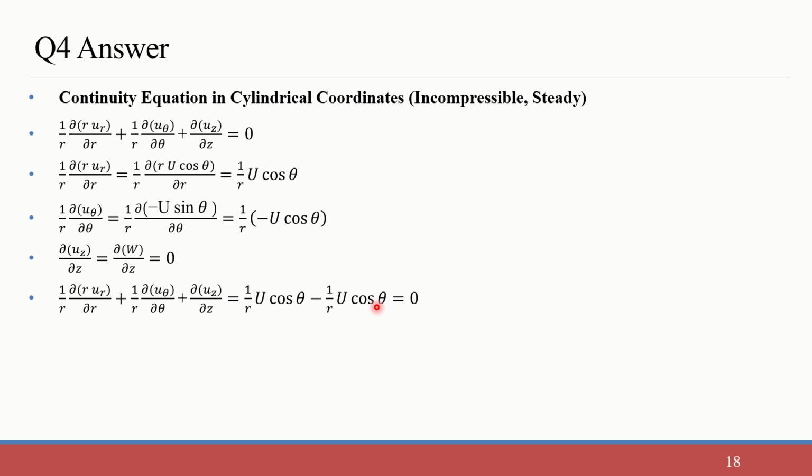These two terms cancel each other and it becomes 0, which is the right hand side. So now we have proved that the continuity equation in cylindrical coordinates is satisfied for the newly transformed velocity components. That is what was asked in the question.